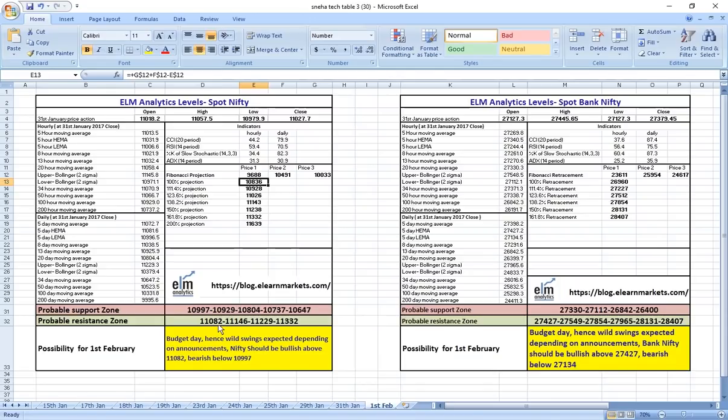So if 11082 is actually taken out in the opening, or the market opens above that, then this level becomes the next support level. Or even after a fade move or something, it opens above this, then this level also becomes a support level. Suppose due to a very bad news, market opens gap down and it opens below 997, then this level also becomes resistance levels.